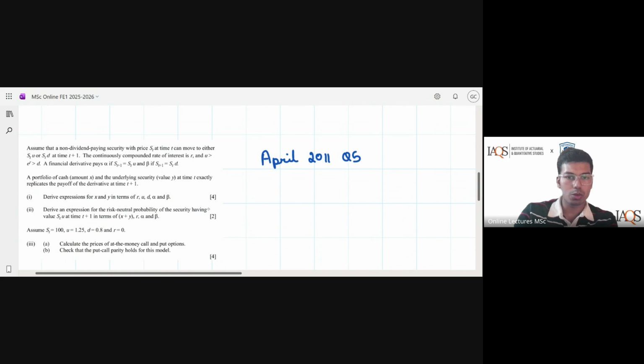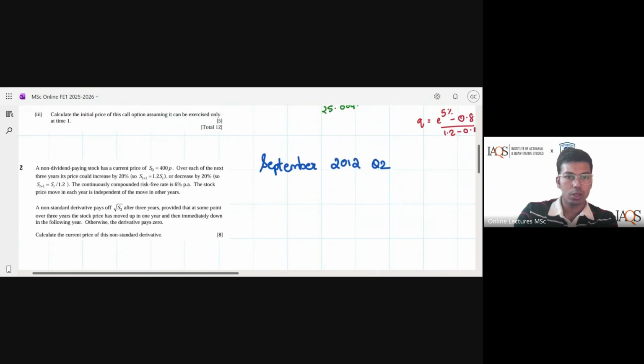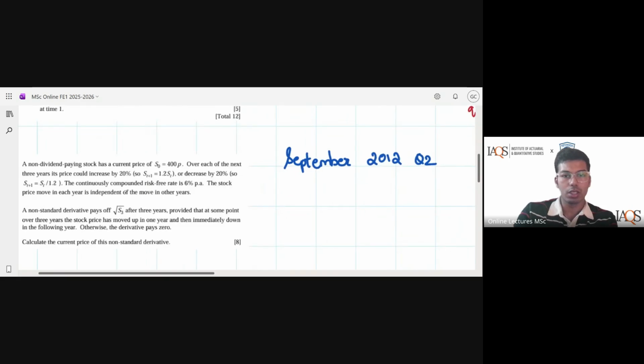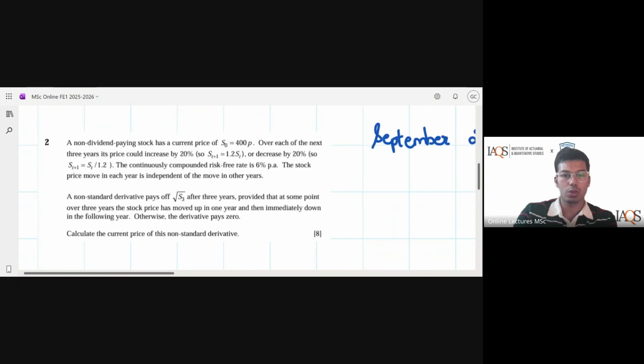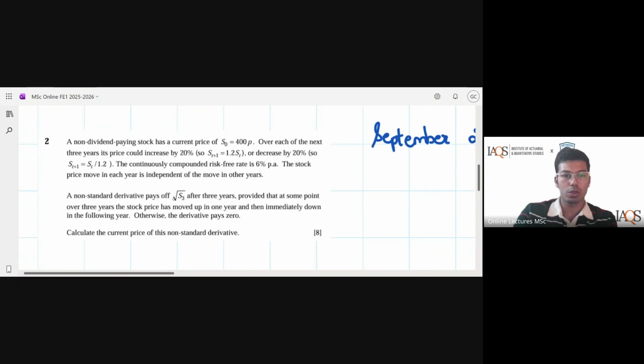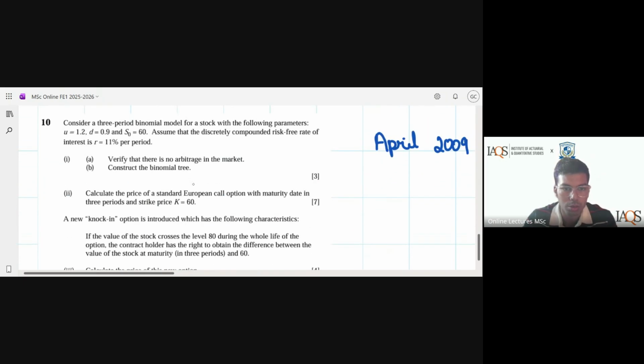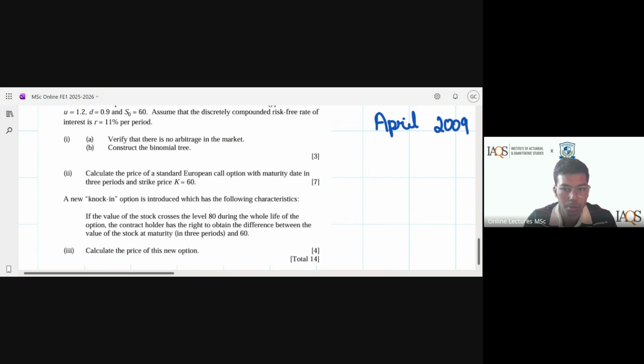We'll be able to solve. Let's try this one. This is September 2012, question 2. Think it will be able to. Yeah, okay. Let's try this. Which one sounds better?